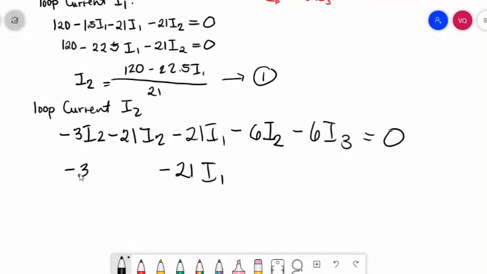Negative 30 I2 minus 21 I1. And then minus 6 I3 is equal to 0.